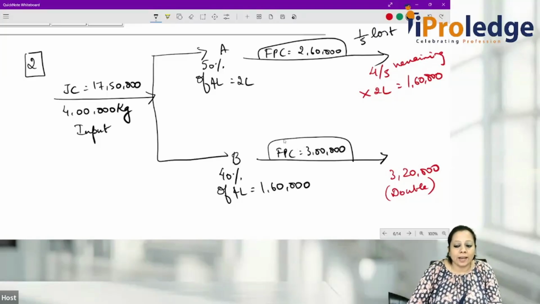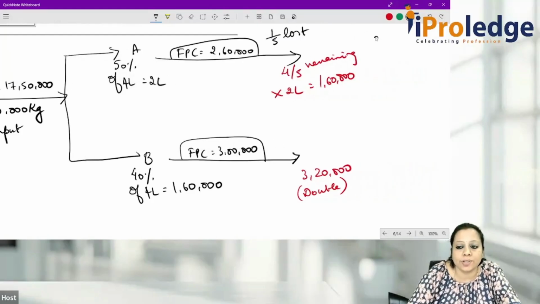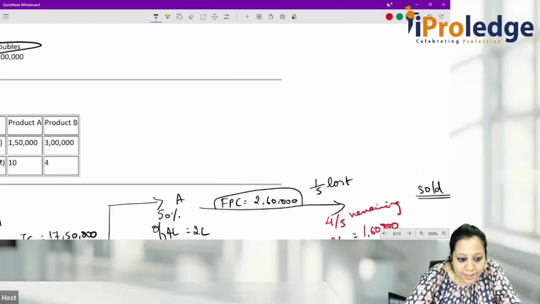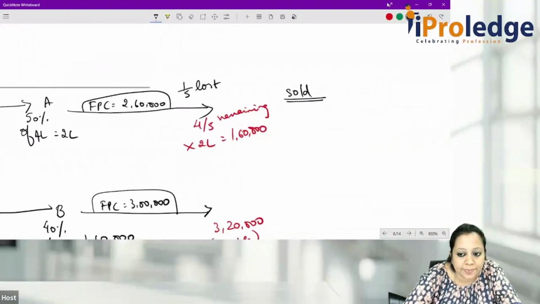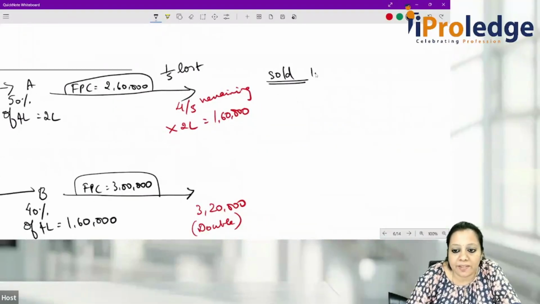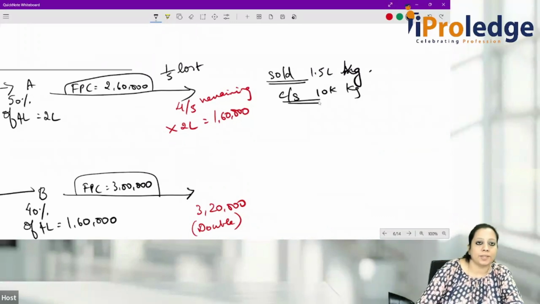Again, if you want, you can tell how much is sold and how much is closing stock. How many units are sold, students? It's given on the table, right? 1,50,000 is sold. 1.5 lakh kgs sold. That means closing stock is 10,000 kgs or units.